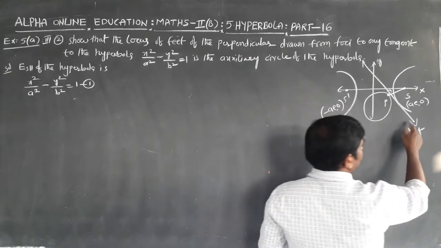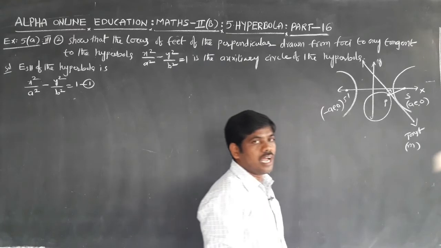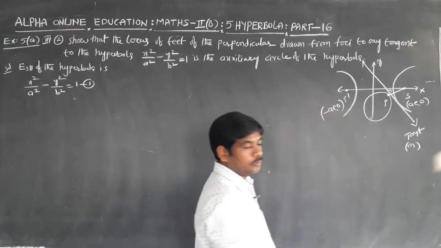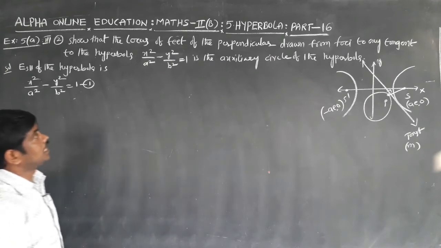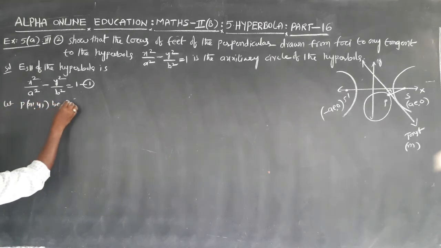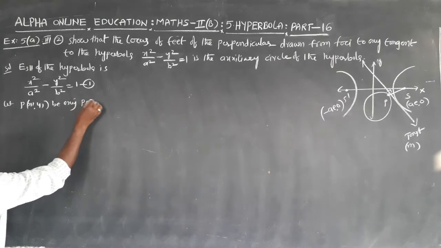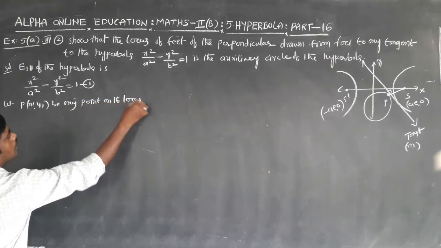So first of all, find the equation of the tangent having slope m. Here m is the slope of the tangent. Let P(x1, y1) be any point on the locus.